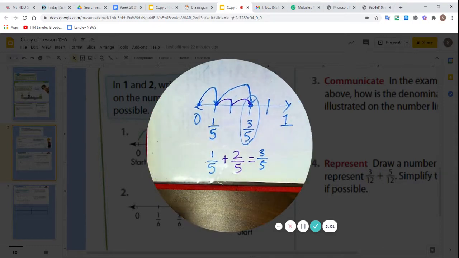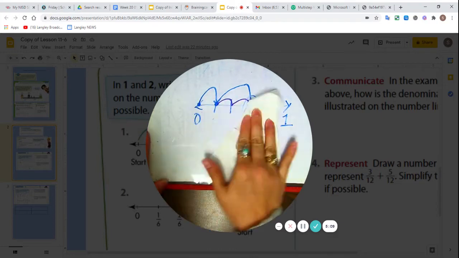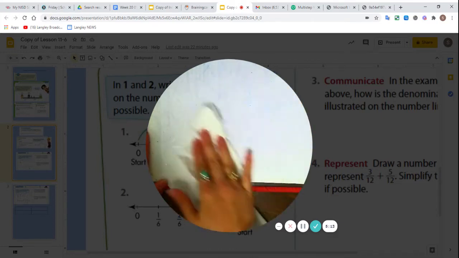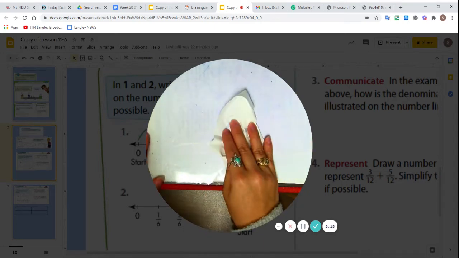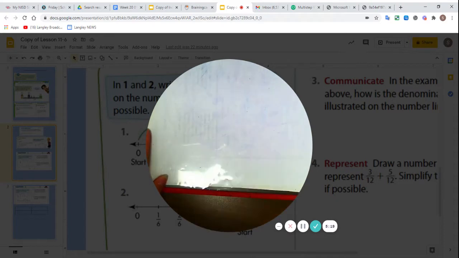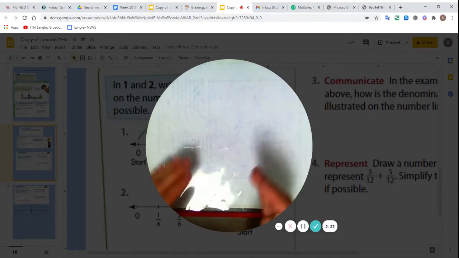Okay, so let's try the second one. That second number line had a red arrow and it was going in the opposite direction. I'm going back to why the red and green make me think of a stoplight. Green means go forward, and red for a stoplight means to stop, you don't go forward.